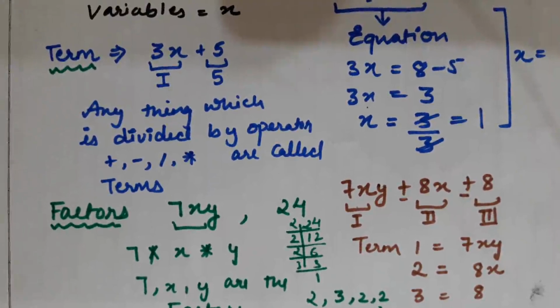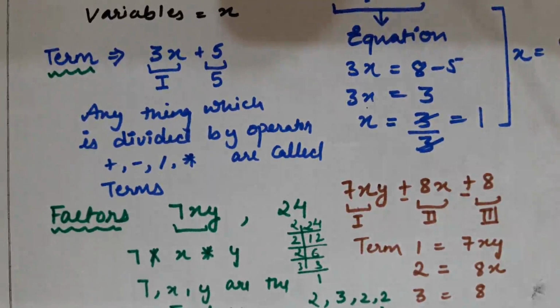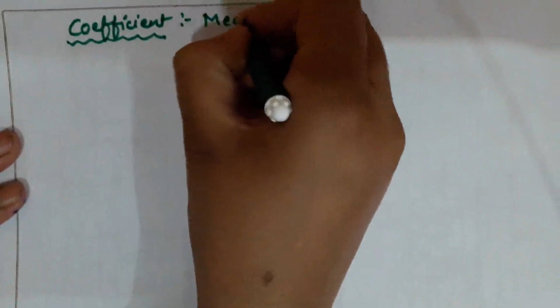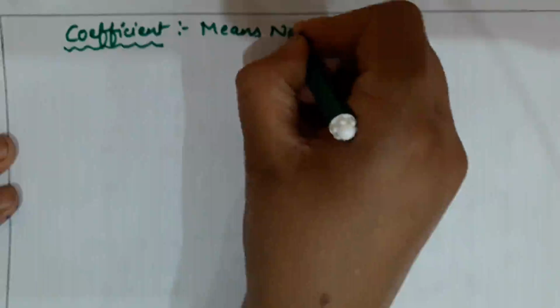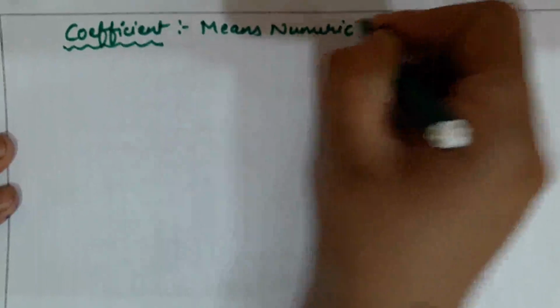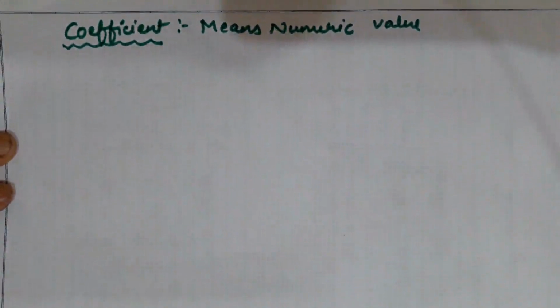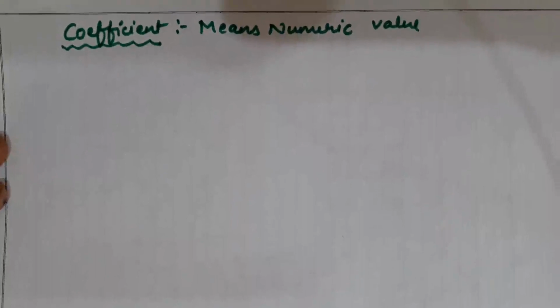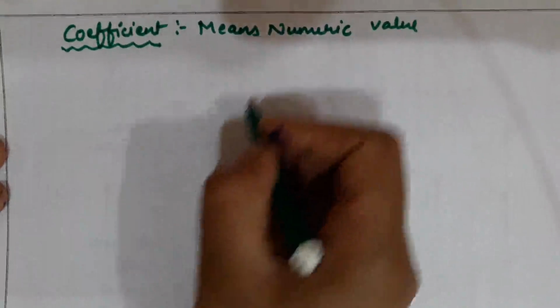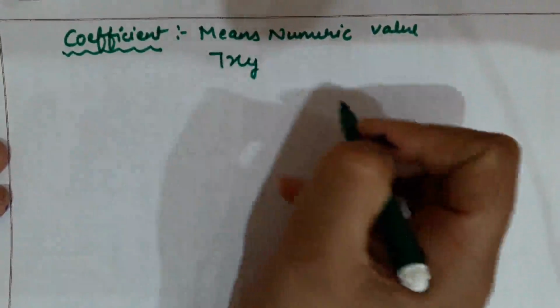Okay, now let's discuss a very new term, that is called coefficient. Let's discuss what a coefficient is, children. Coefficient means numeric value. Now see, if you are writing again 7xy, what is the numeric value in this?